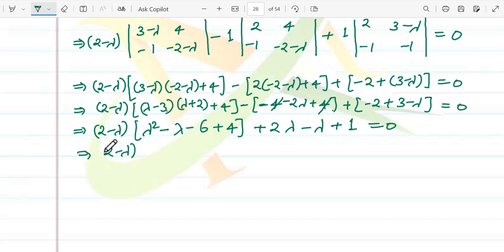This implies 2 minus lambda square minus lambda minus 2 plus lambda plus 1 is equal to 0.